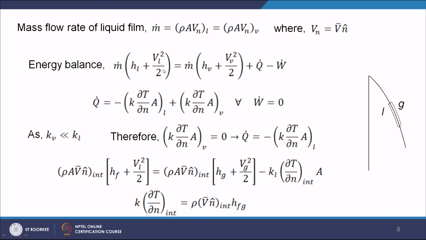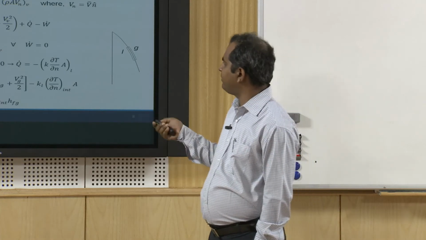On the other side, for the vapor, we can write m dot into HV, which is the enthalpy for the vapor, plus Vv square by 2. Along with that you will have the heat transfer and work done as per the first law of thermodynamics. So, we have Q dot minus W dot, but in this case we do not have any W dot, so we can make it 0.